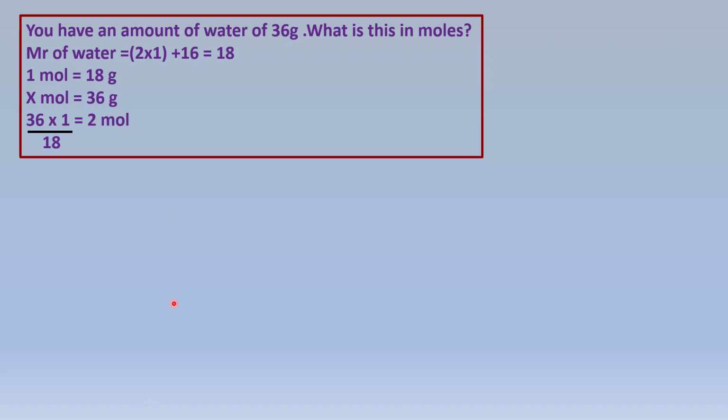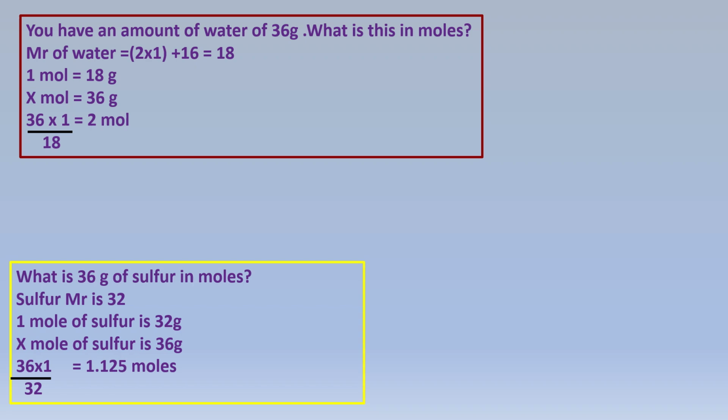Now let's solve another one. This is about sulfur. What is 36 gram of sulfur in moles? And the atomic mass for sulfur is 32. Therefore, 1 mole of sulfur is 32 grams.